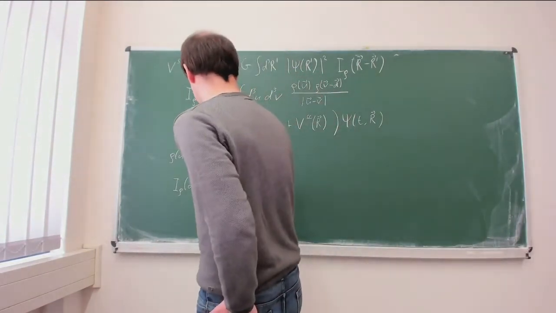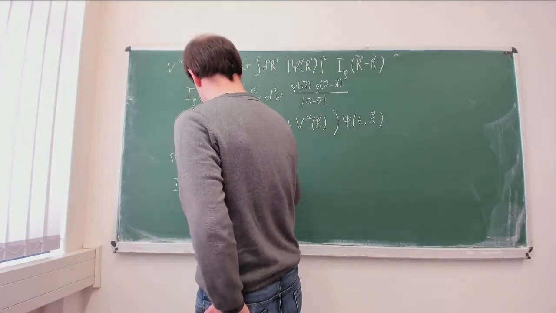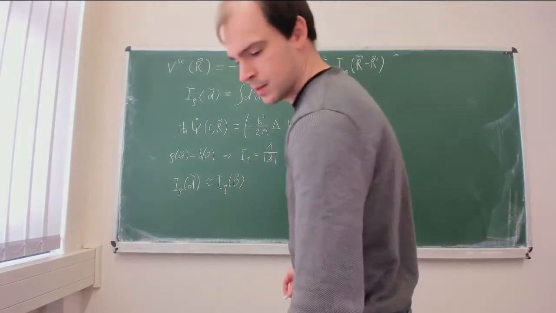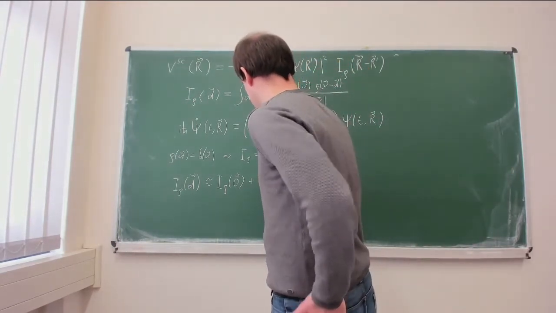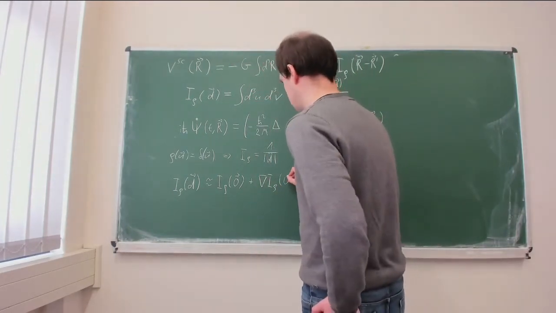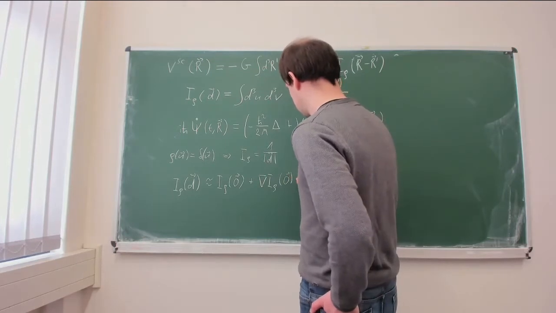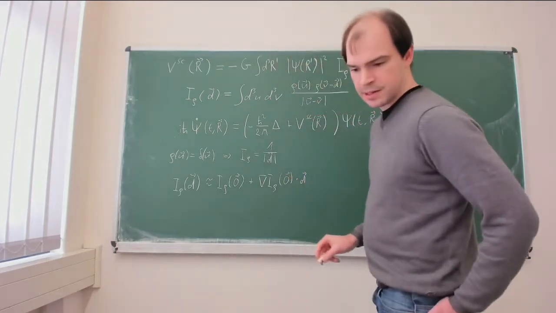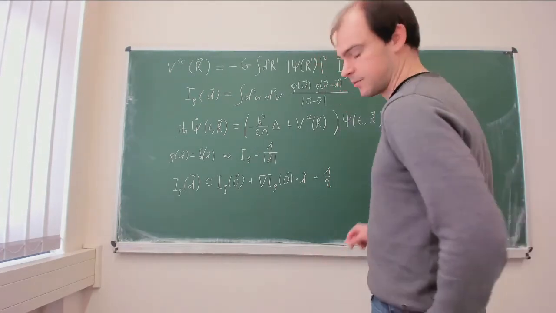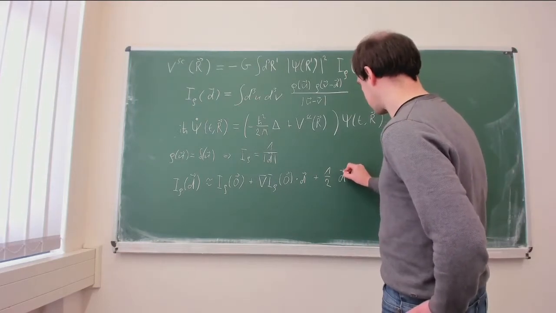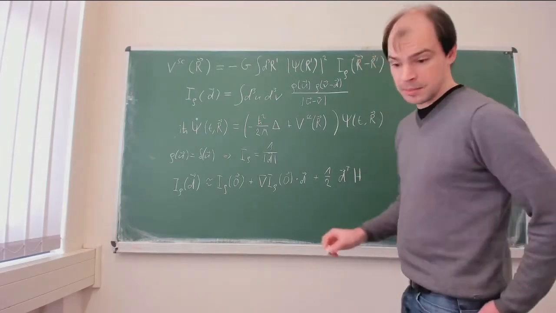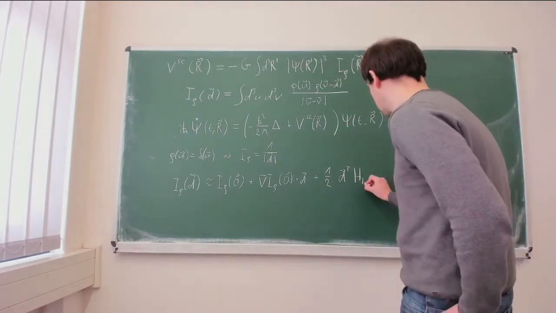We can say I rho of d is approximately I rho at 0 plus the gradient of I rho at 0 times d, plus we go up to second order. So the second order Taylor expansion term is 1/2 times the transpose vector d times the Hessian matrix with respect to I rho.